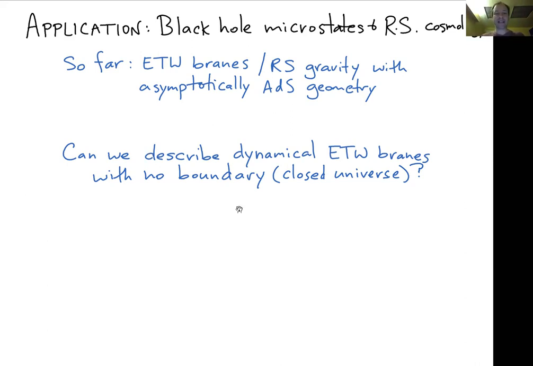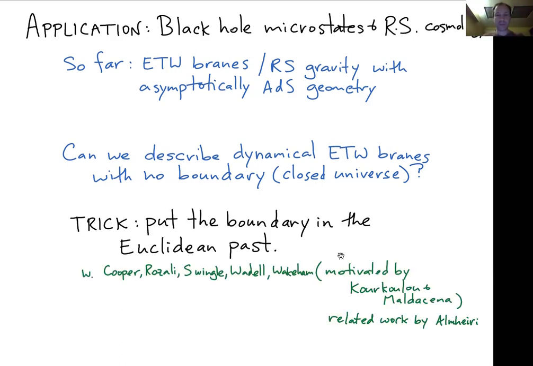So it's interesting to ask whether we can describe situations where these end of the world branes, which sometimes have their own intrinsic gravitational dynamics, could be something like closed universes, where you could have dynamical end of the world branes with no boundary, possibly with localized gravity. That would be a step towards being able to describe quantum gravity for cosmological spacetimes. So if we could at least describe the dynamics of spacetime boundaries, that would be interesting.